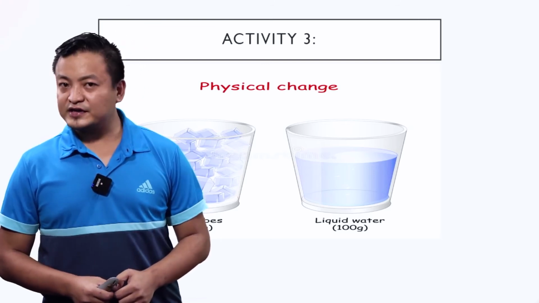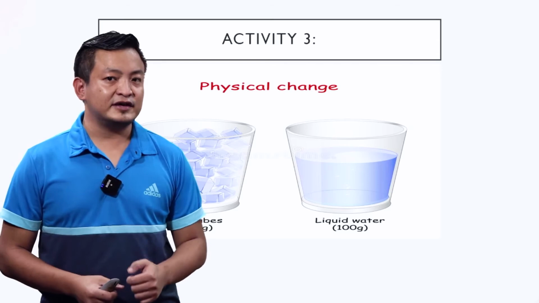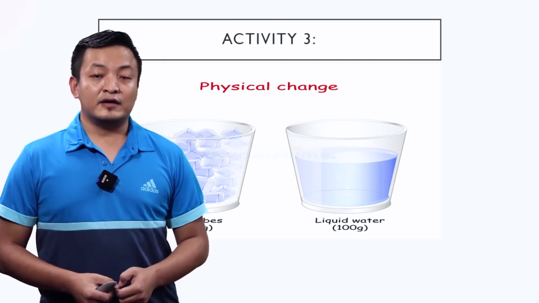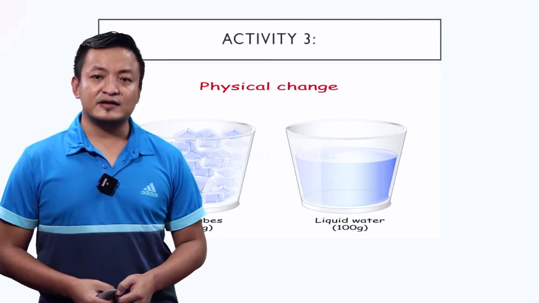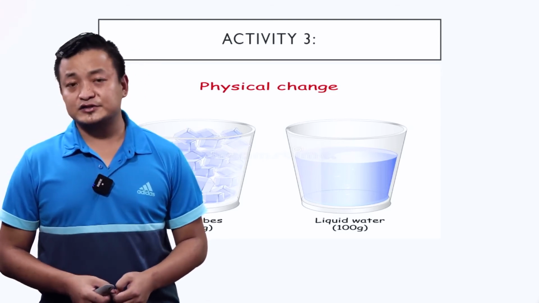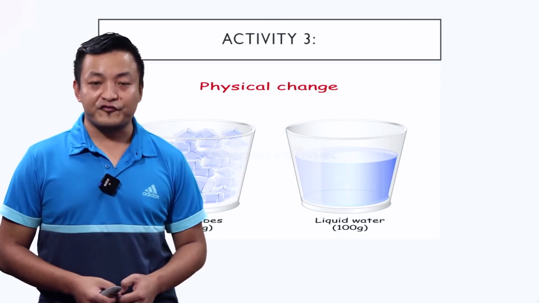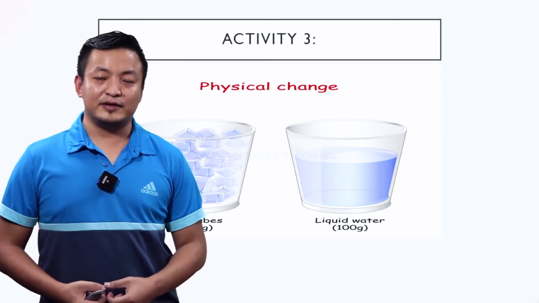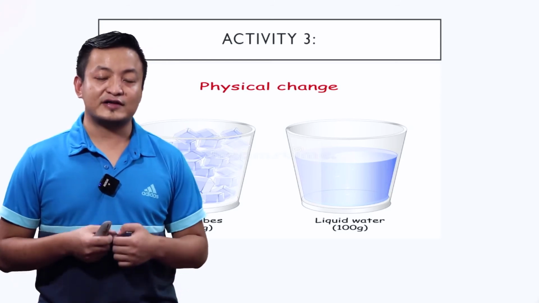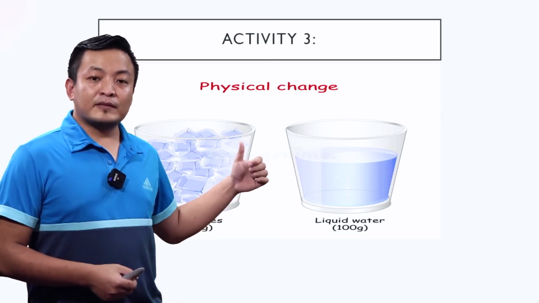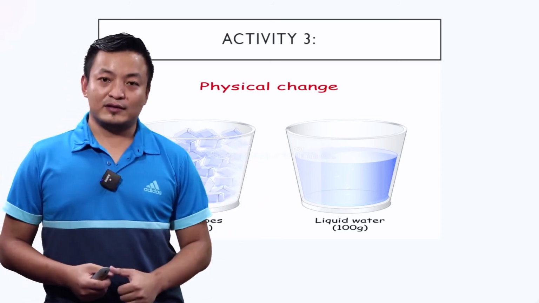A physical change is a change where we see change in physical properties such as the size, state, color, and shape. And it is a type of change where no new substance is formed. You can give any example. You can give n number of examples. You can give examples from these three activities as well.